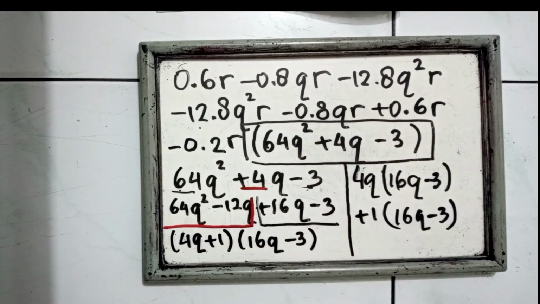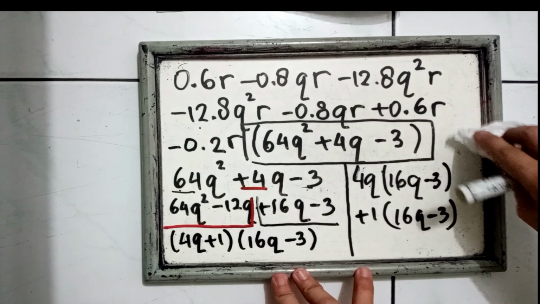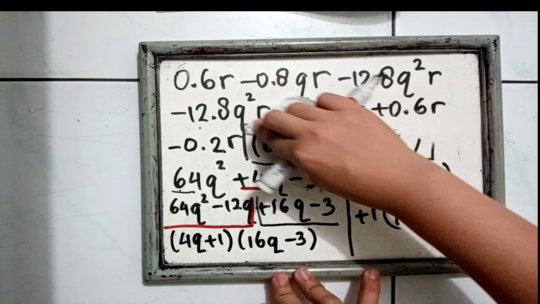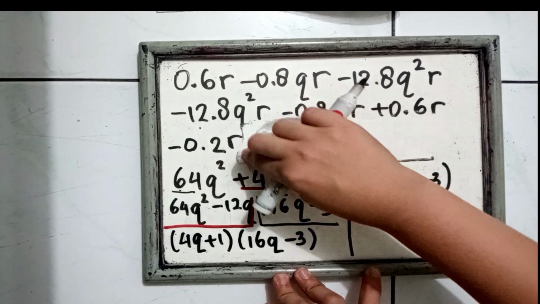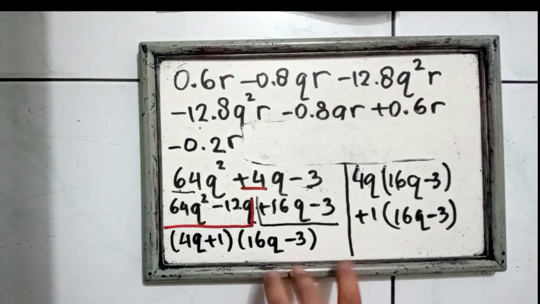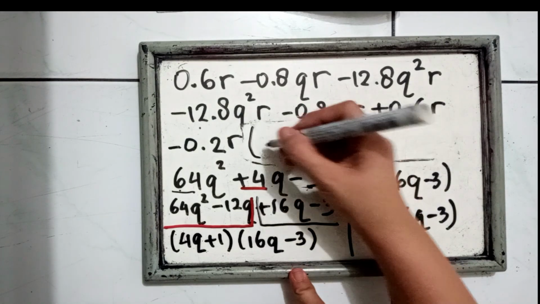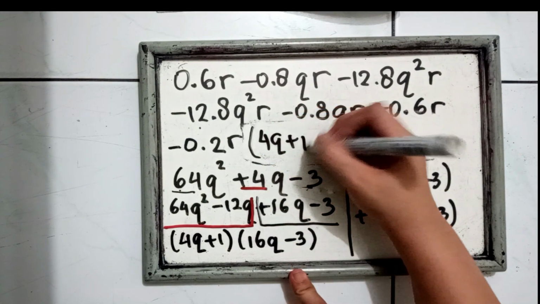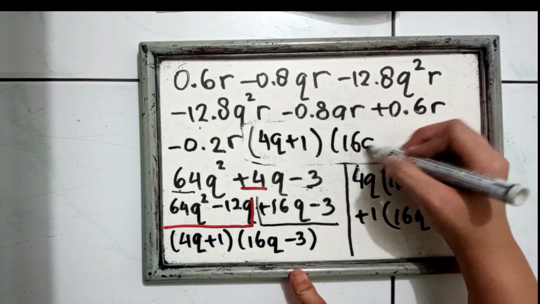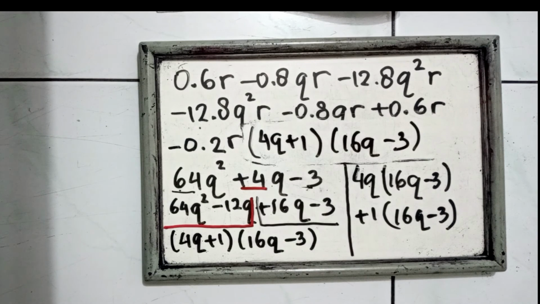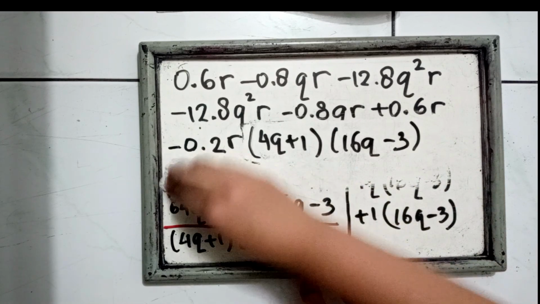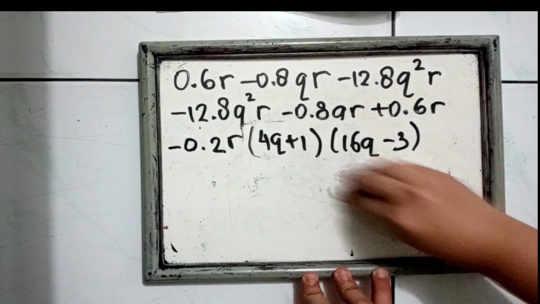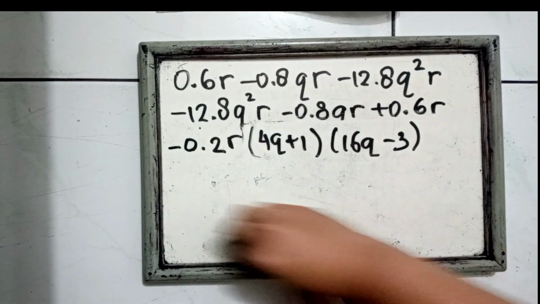We will separate it to become this. Yep, because this part now I can change it to the factorization times 4q plus 1 times 16q minus 3. Yeah, I don't want to erase that later. I'm afraid I will forget. Okay, so this is the final answer.